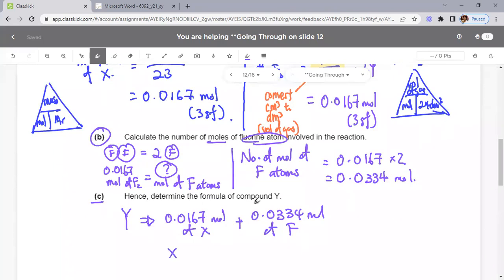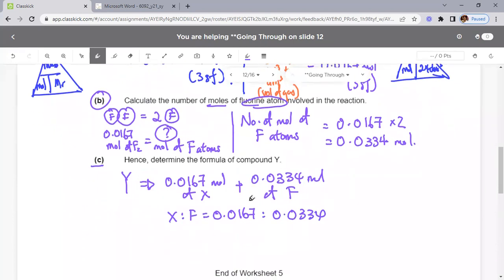Because you know that X is to F, the ratio will be 0.0167 is to 0.0334. So we are using the mole to find the ratio between X and fluorine, to determine the formula of Y. If you look at both of them, you realize the ratio of X is to F is actually 1:2. So knowing this, you realize that Y will be actually equal to XF2.